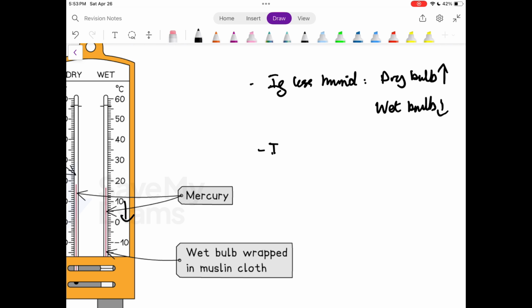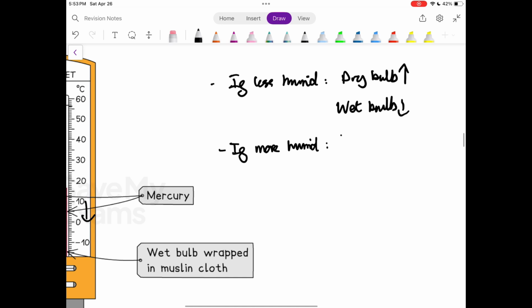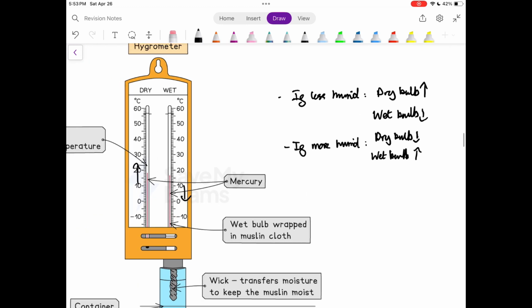So if it's more humid, then the dry bulb will decrease and the wet bulb will increase. And basically that is how it works.